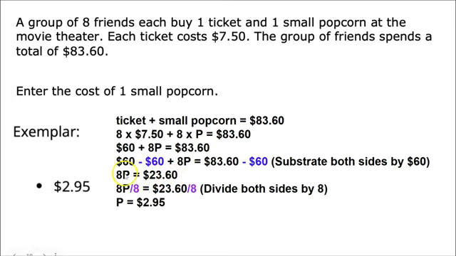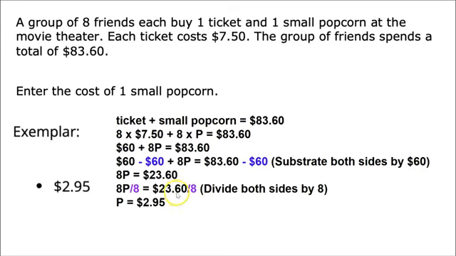And then from there we got to get P by itself. It's being multiplied by 8, so we have to do the opposite, which is dividing by 8. So 8 divided by 8, you get 1. And what you do on one side, you have to do on the opposite side.